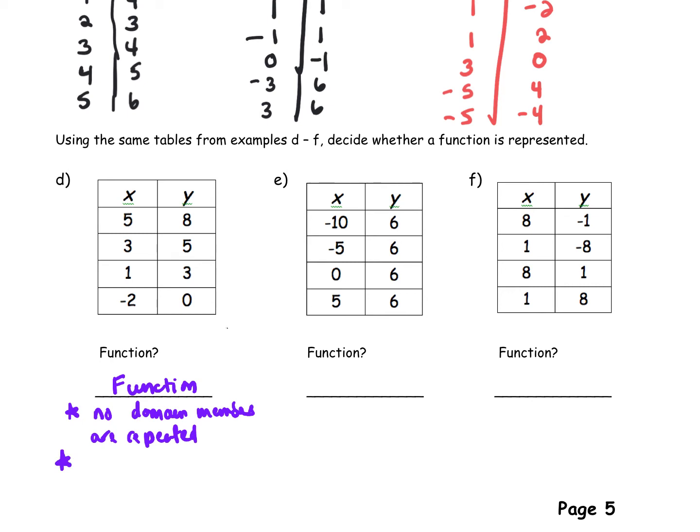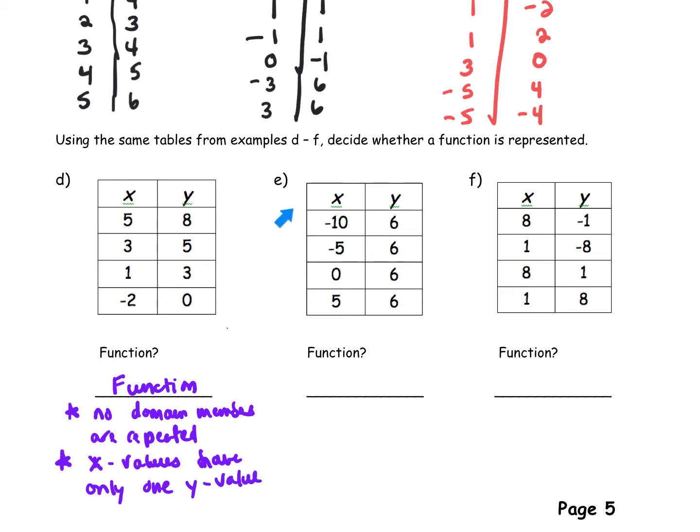Officially, the x values only have one y value. And this is the official definition, the second one.